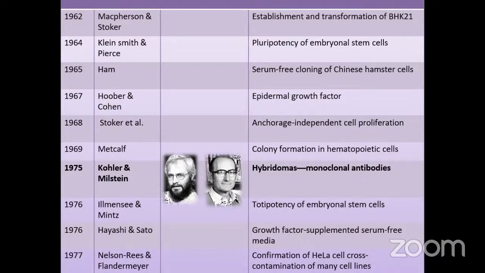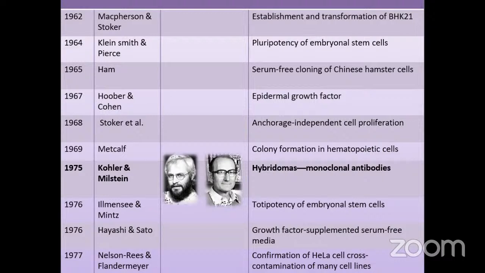Then in 1965, Ham did serum-free cloning of Chinese hamster cells. Then in 1967, Hauschka and Cohen used epidermal growth factor. In 1968, Stoker described anchorage-independent cell proliferation. So these are all various protocols they developed.